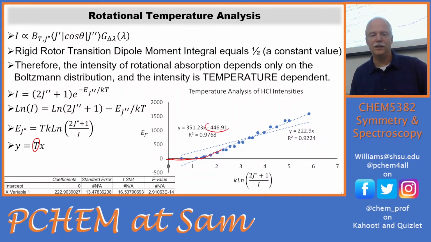It's in units of Kelvin, but I've got a question mark on it. I don't know what that intercept represents. But the slope is 351 Kelvin. That's way hotter than room temperature, and this is way colder than room temperature. 273 is 0 Celsius, and so this is 50 degrees below zero.